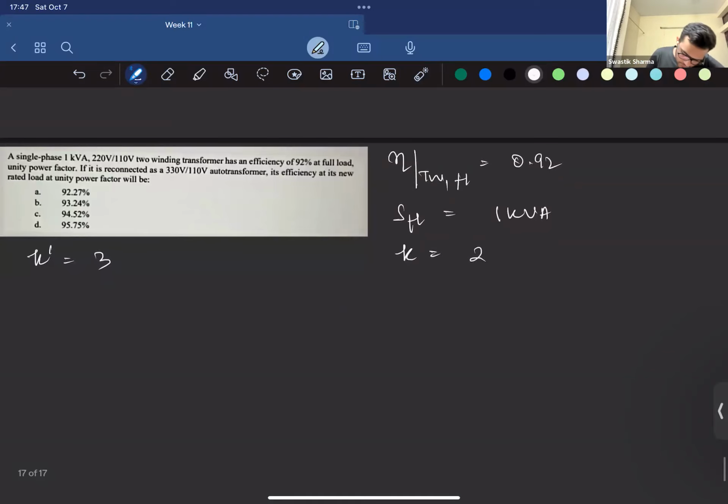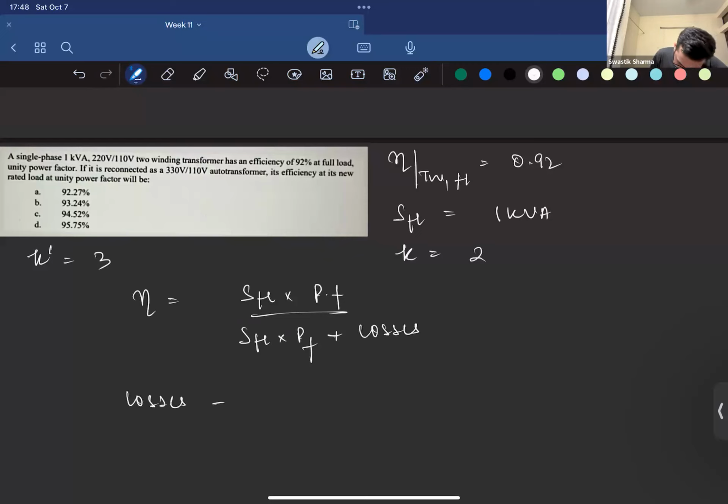So first of all, we'll calculate the losses, right? The losses will stay the same irrespective of how it's being transformed, to what it's being transformed. The losses will stay exactly the same, right? So eta is given by S_FL into PF upon S_FL into PF plus losses, right?